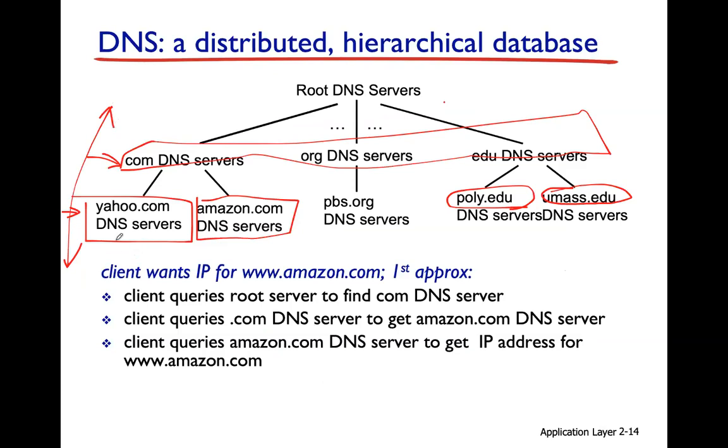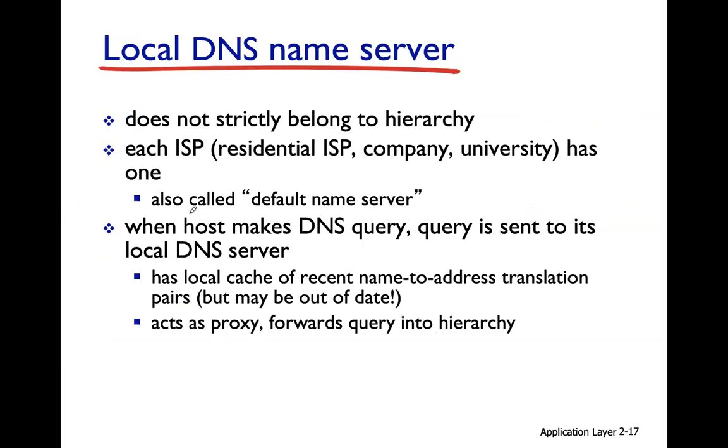For example, inside Yahoo, we can have several local DNS servers serving different places, and they may communicate with each other, and they may also connect to the yahoo.com DNS server. So this is not a strictly tree architecture after the authoritative DNS server. Then we call it local DNS.